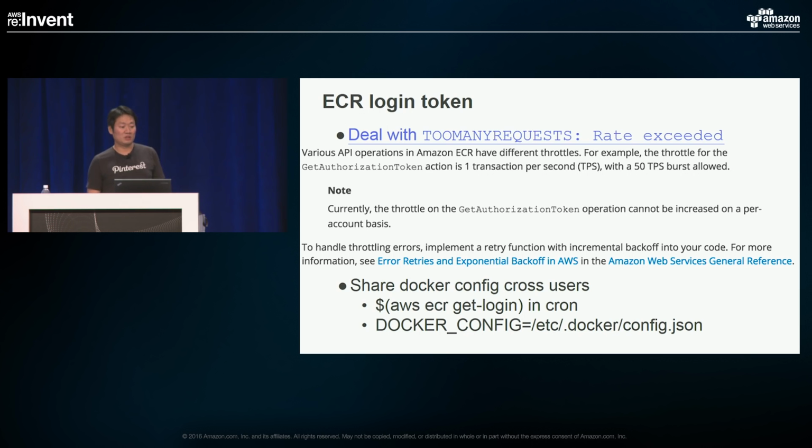We also leverage an environment variable called DOCKER_CONFIG to make every host share one configuration file, which gets configured by the cron script. So it works and prevents the issue from happening again.